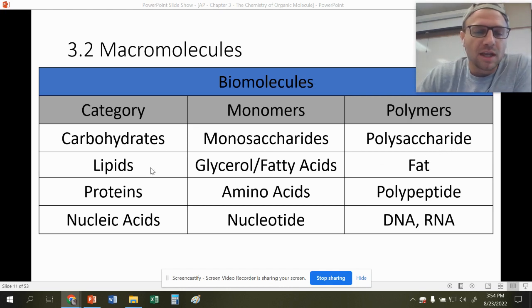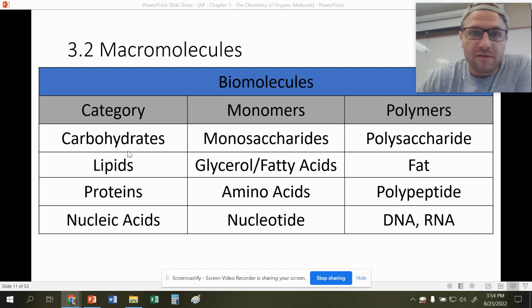But like lipids, there are monomers of glycerol and fatty acids. And an example of a polymer would be fat. Proteins is next. Their monomer is an amino acid, and they have a lot of different proteins or polymers, but we call them polypeptides. And last category are nucleic acids, and their monomer is a nucleotide. And the polymers of nucleic acids are like DNA and RNA.